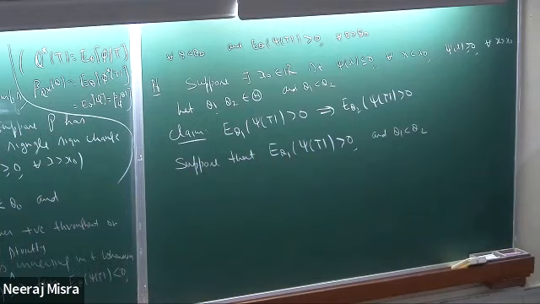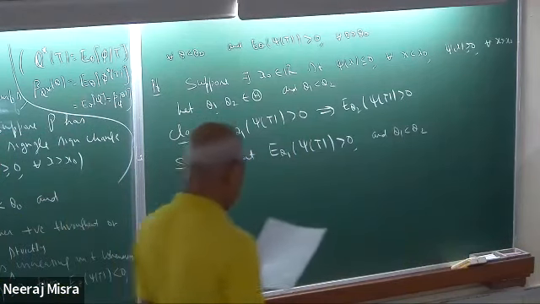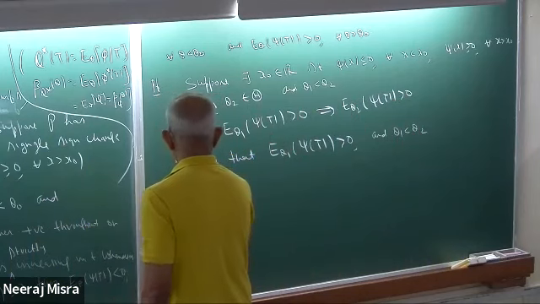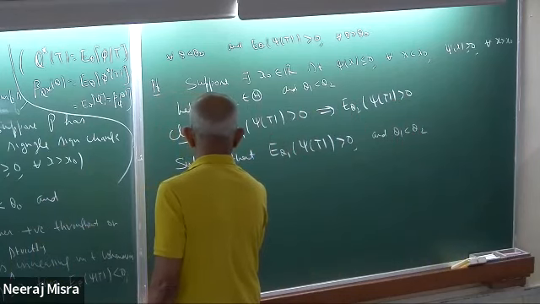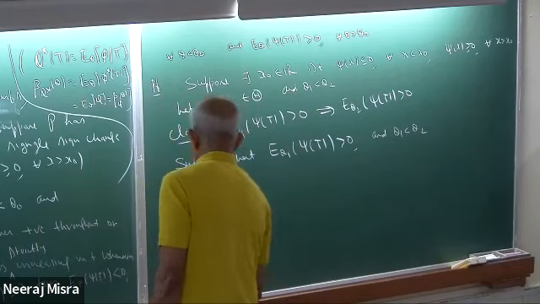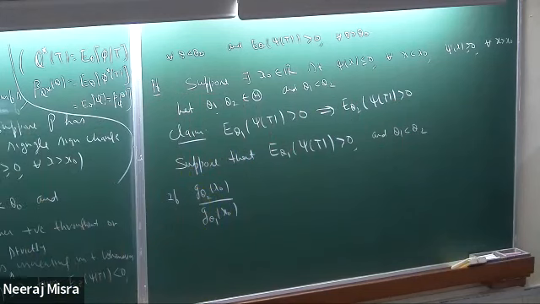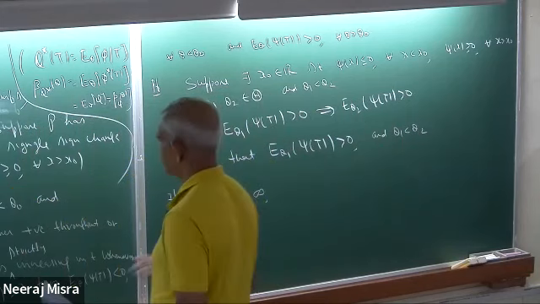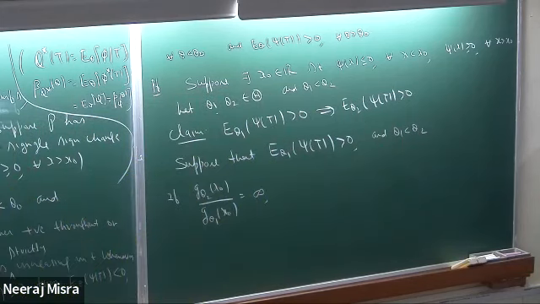So first, now note that if g theta 2 x naught upon g theta 1 x naught is infinite, what does that mean?